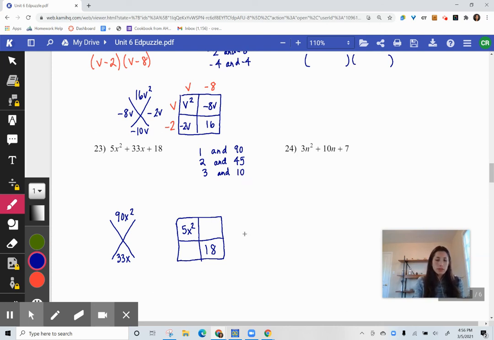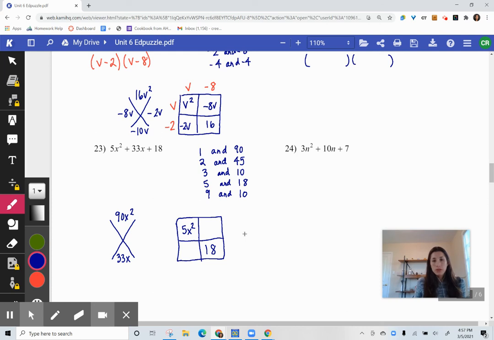Let's see, 90 divided by 5 is going to be 5 and 18. 9 and 10 also works. And I think those are all my factors. And you don't have to write all these out. It's just a habit that I've gotten into.